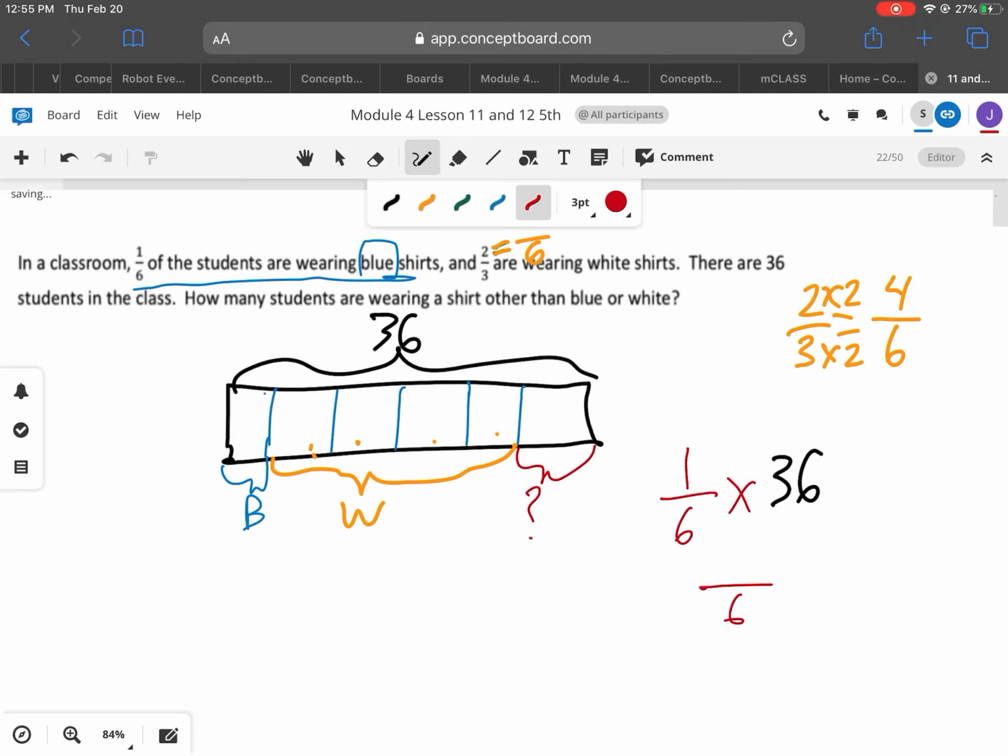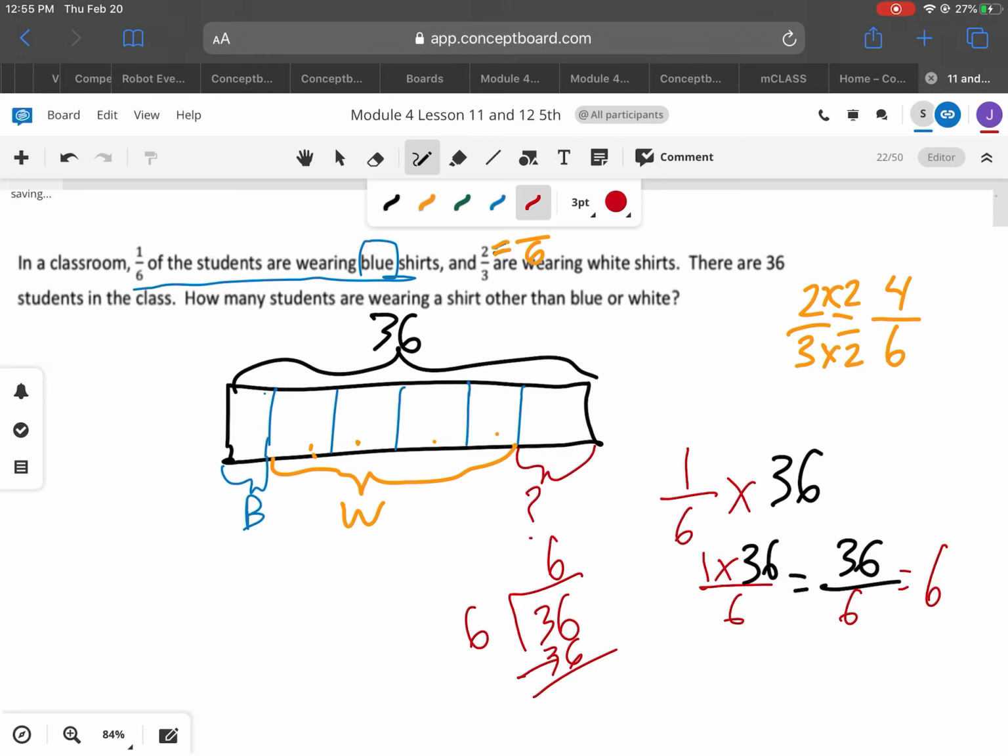So 1 unit is equal to 1 times 36 over 6, which is the same as 36 over 6, which is equal to 6. How do I know? It's because 36 divided by 6 is 6 times.